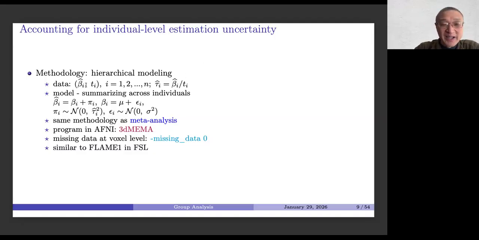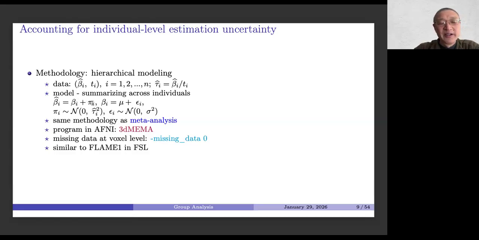Suppose we take both the beta and the t statistic value as input. So that's the input data, the beta hat, the estimate. We can build a different model. This model will have three components, so the input beta is decomposed into three components. Suppose we know the true value.